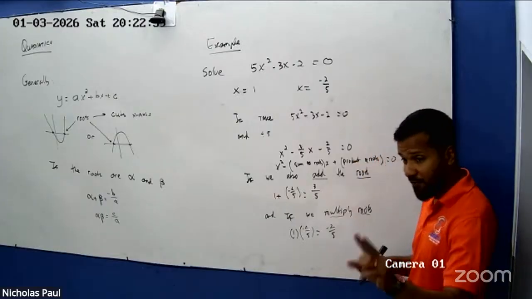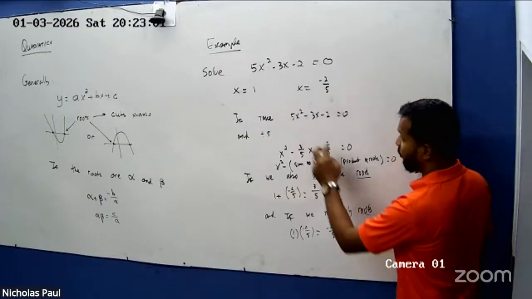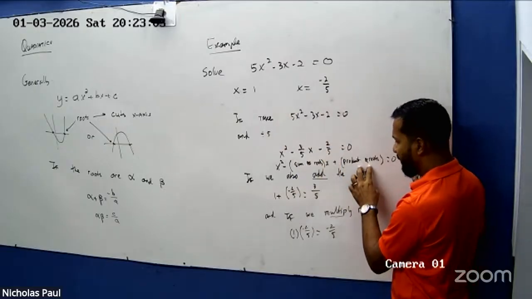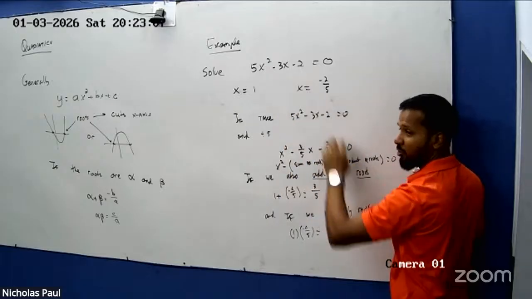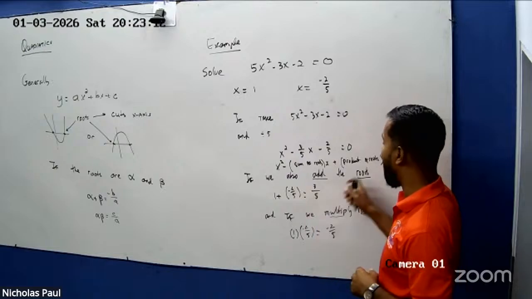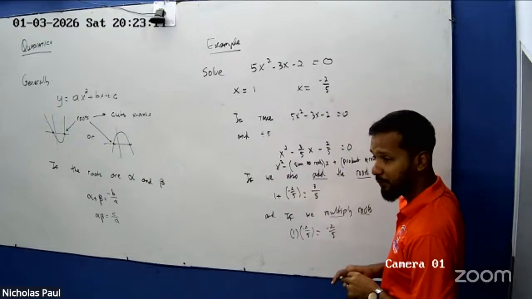So if I give you the roots of an equation, all you have to do is sum them up, multiply them, and put them in here, and you get back the quadratic. So by just knowing the roots, you can work backwards and figure out the quadratic.